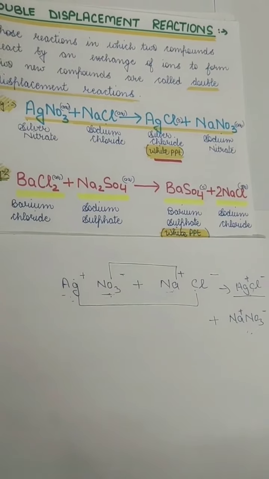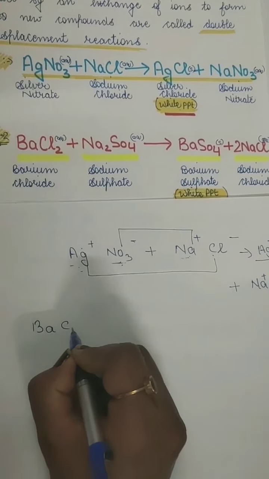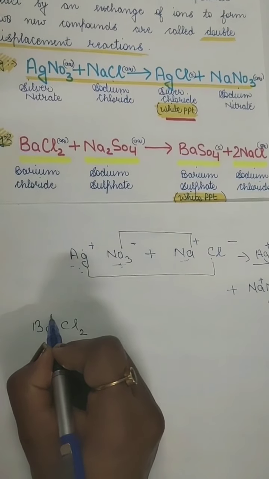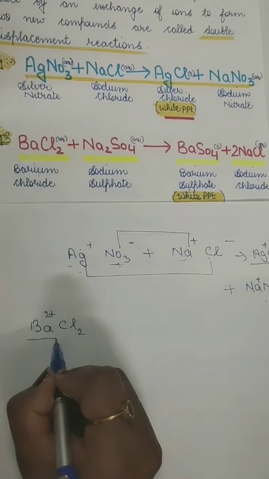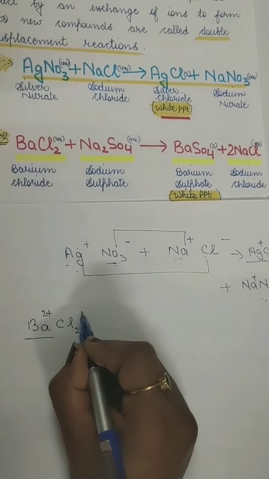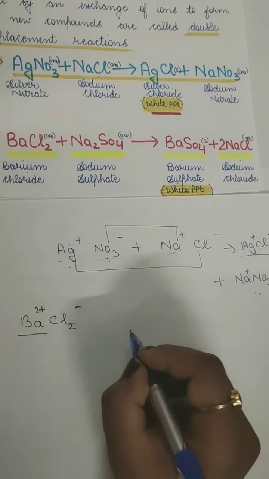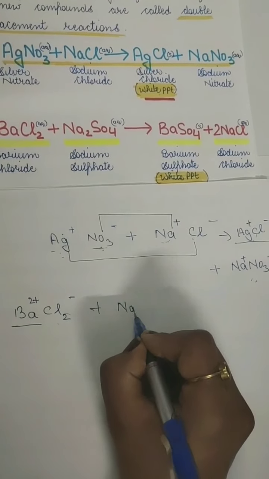Again, the same thing will happen. Like here, BaCl2. Barium is a metal, so it will have a 2 plus ion because the valency of barium is 2, and chlorine will have 1 ion only. That is why the formula has 2 here. Now it will be mixed with Na2SO4.